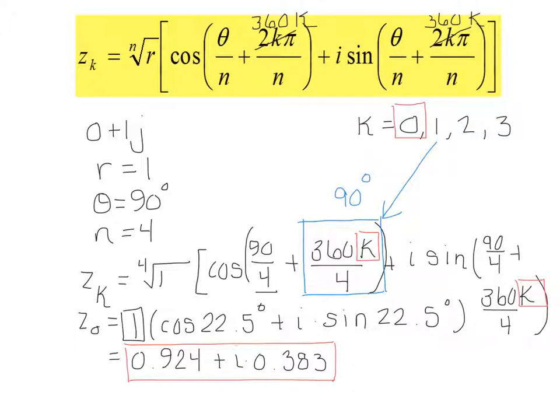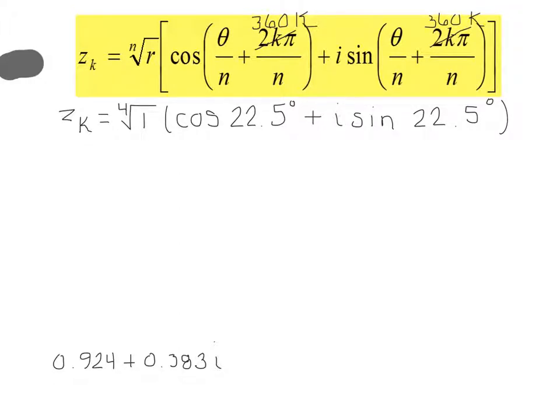So in other words, for my second fourth root of j, I'm going to take the angle measure, 22.5 degrees, and add 90 to it. So if I add 90 to 22.5, I get 112.5 degrees. So z sub 1 is going to be the fourth root of 1, which is 1, times the cosine of 112.5 degrees, plus i times the sine of 112.5 degrees.